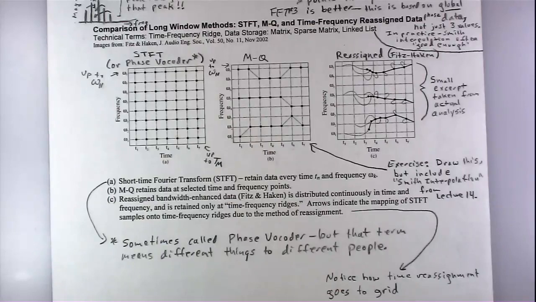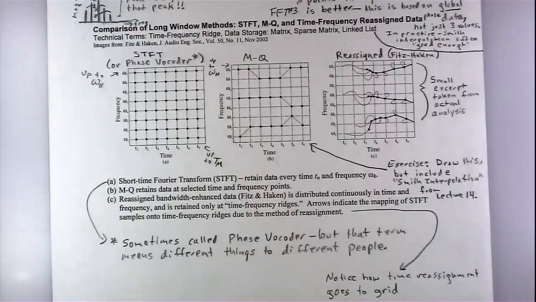You did an FFT there, just a normal FFT with a window function, with your favorite Kaiser window, and you kept all the data at every frequency bin. Then you moved on to your next window, usually 3 milliseconds or so over, much overlapping, and you kept all the data. And then you moved on to the next window, and you kept all the data. So that's a phase vocoder.